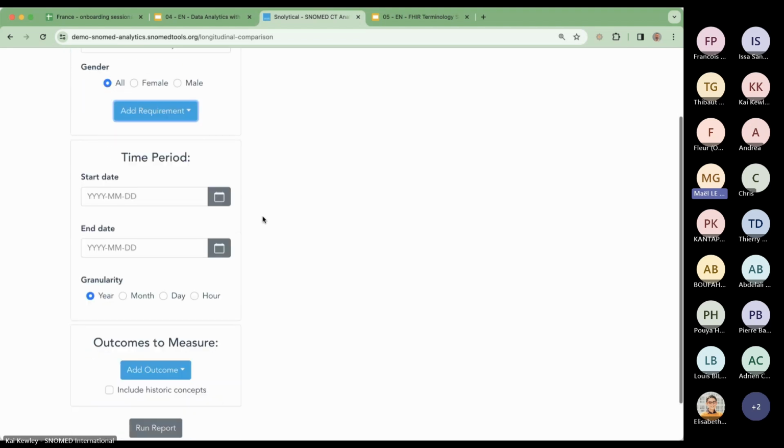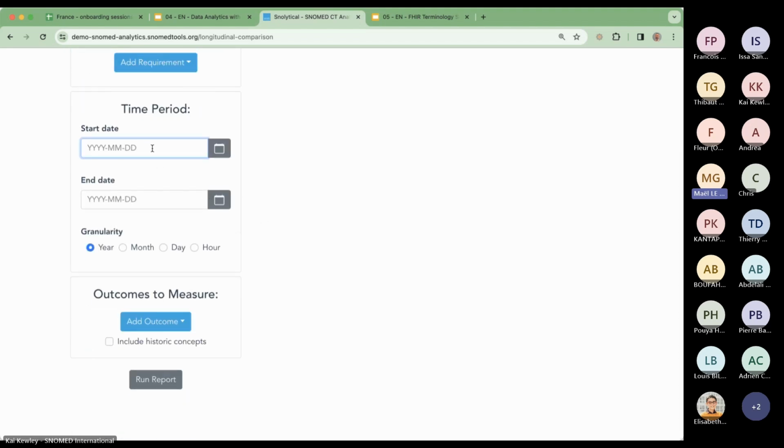The time period is a long time: a 20-year study starting in year 2000, ending on the 1st of 2021. We can pick granularity here. Basically, we're going to generate a graph or a report, and yearly granularity is fine over this 20-year period.